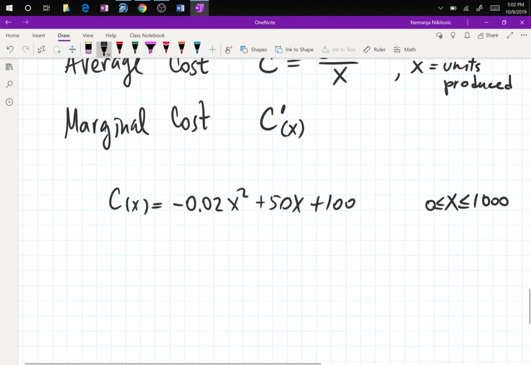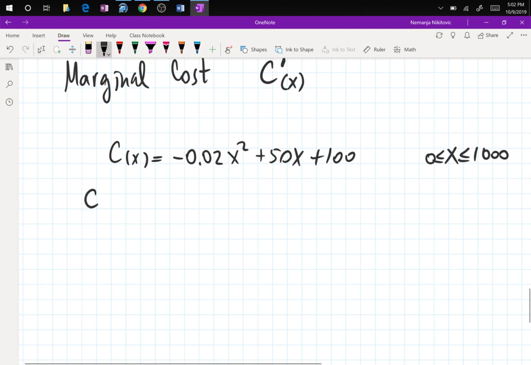All right, so let's take a look at our average cost function. Average cost is going to be the cost function divided by the number of units produced. So that's going to be negative 0.02x plus 50 plus 100 over x.